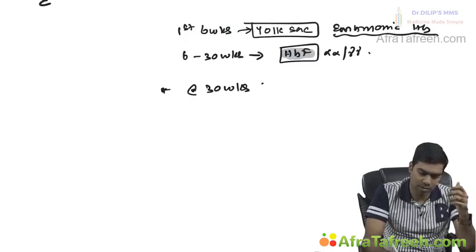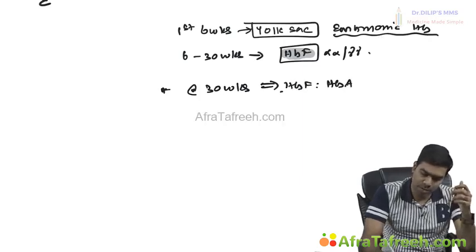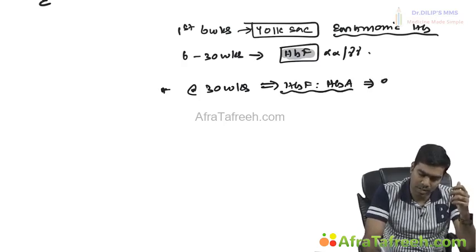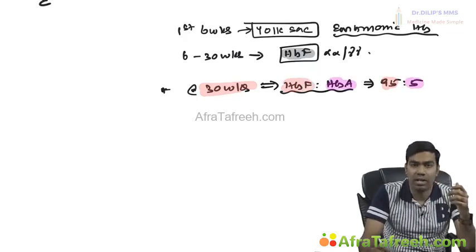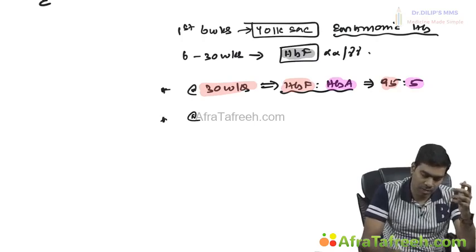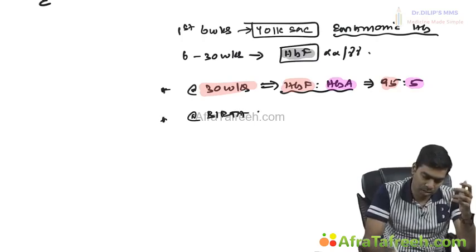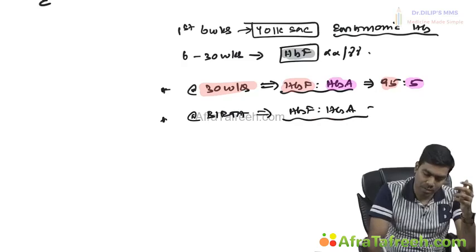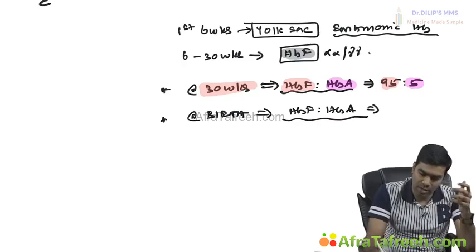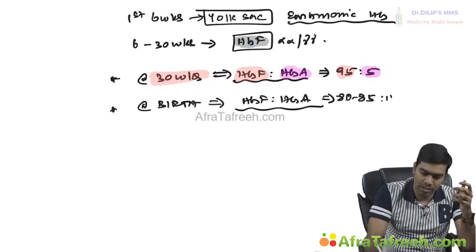If you ask me, your HbF to HbA ratio is approximately 95:5, which means 95% will be hemoglobin F and only 5% will be hemoglobin A. If you ask me what the percentage distribution is at birth, the same HbF to HbA percentage is going to be 80:20 or 85:15. 80 to 85 is to 15 to 20.